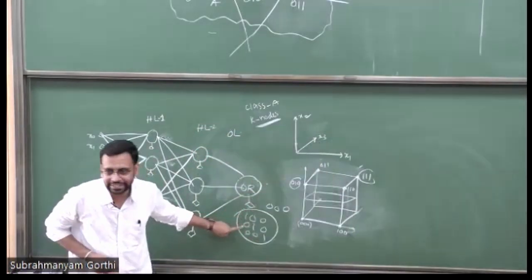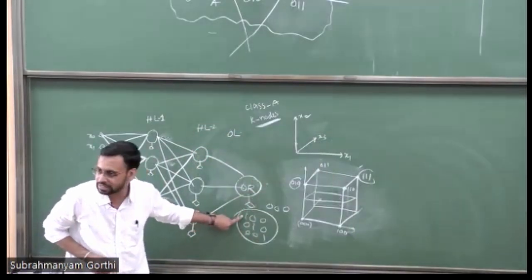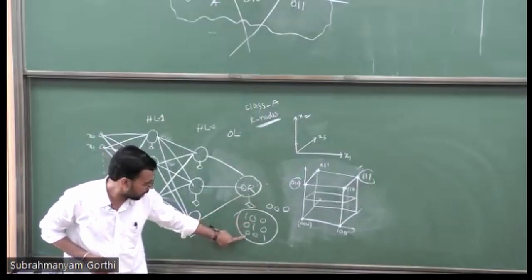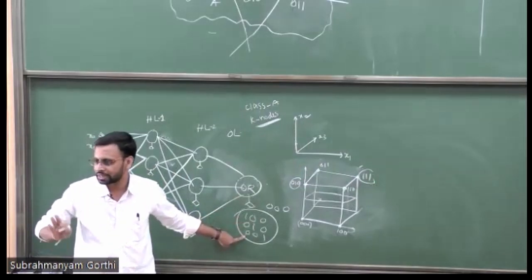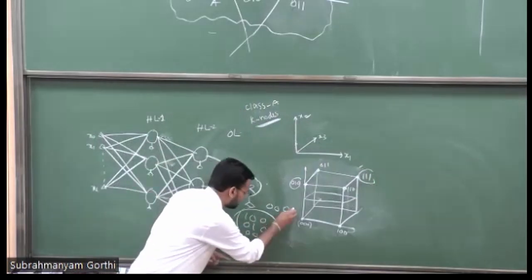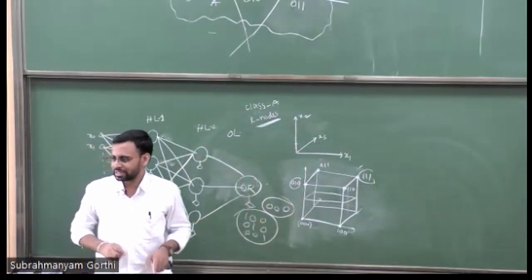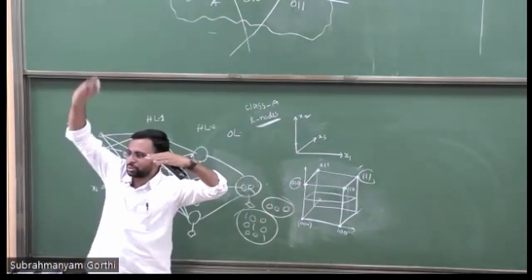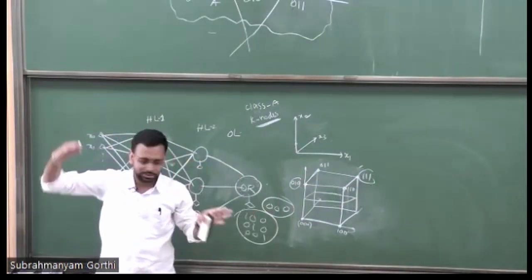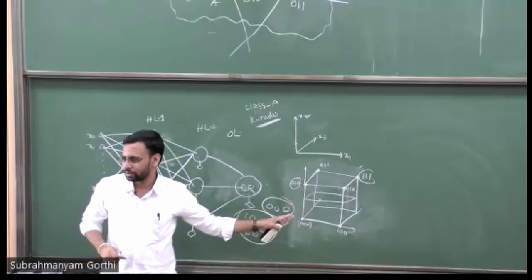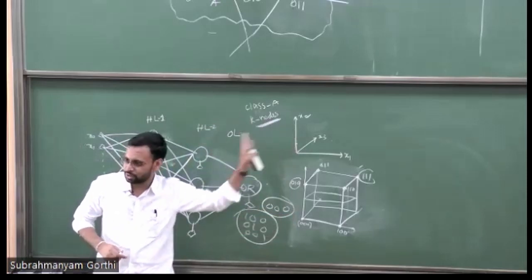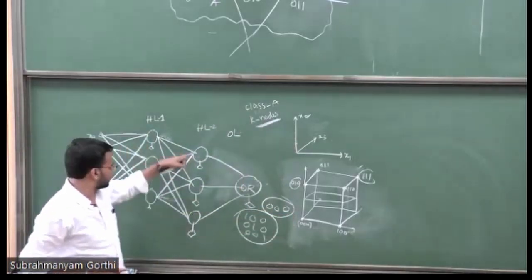You are guaranteed that when it is class A, it will be either 1 0 0, 0 1 0 or 0 0 1. There is no other possibility. When it is class B, it has to be 0 0 0, because on any of those, this side is positive and outside is negative. So this has to be 0 0 0 from any other vertex other than those k vertices. You have only k vertices here.